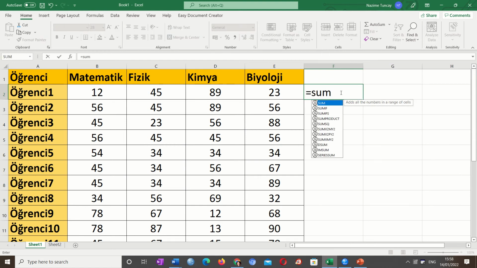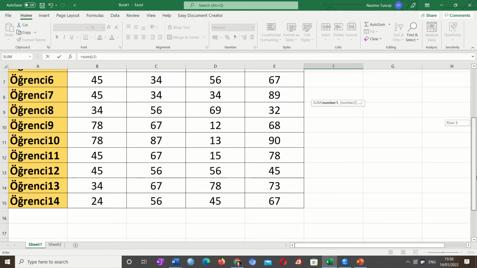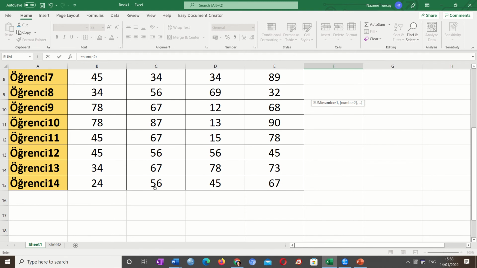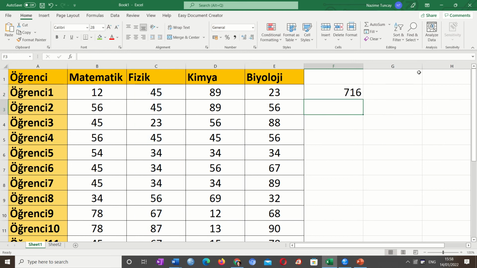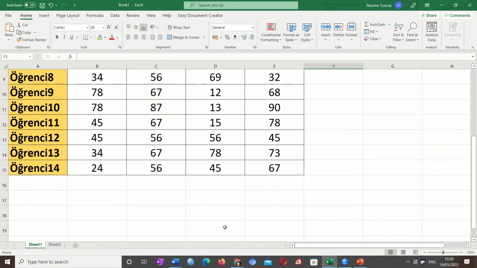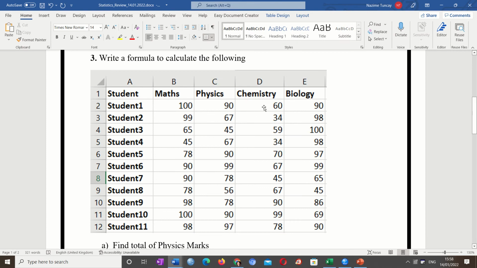You have to write equals sum, open brackets, and the starting point is C2 here. The ending point here is C15. And you close the brackets. C2 to C15, this is the starting point, and 15 is the last number here. Okay, this is physics marks.